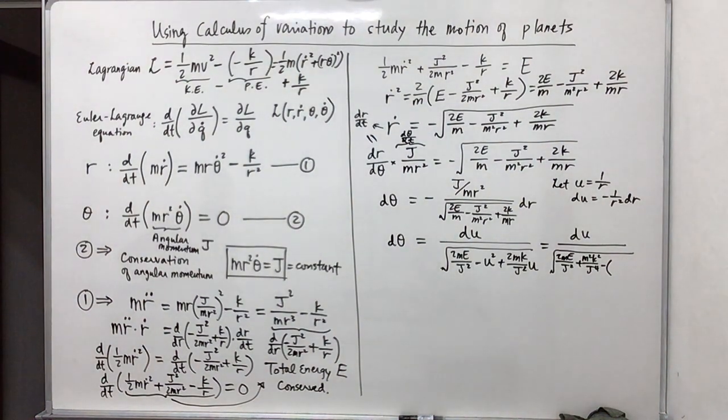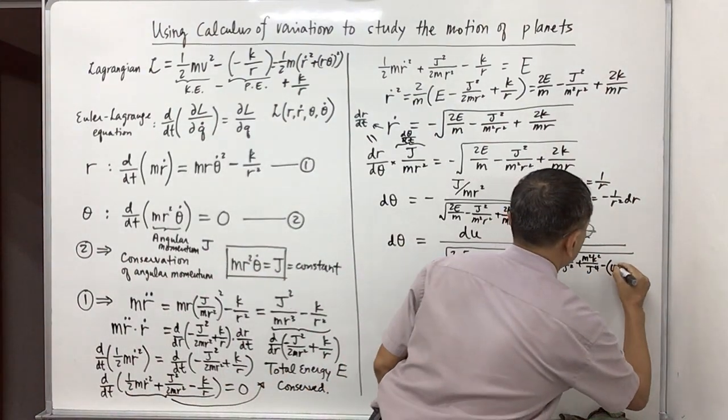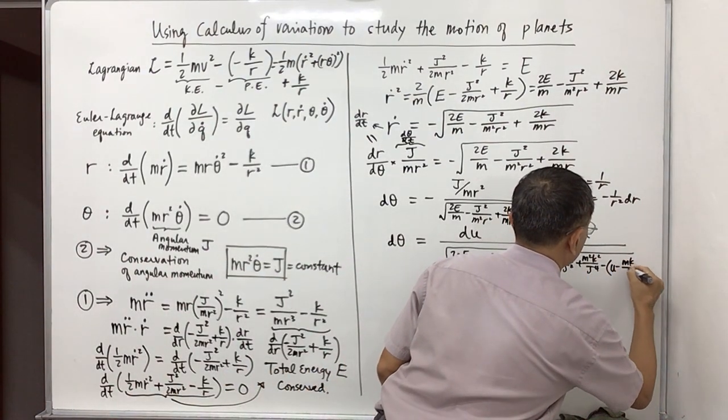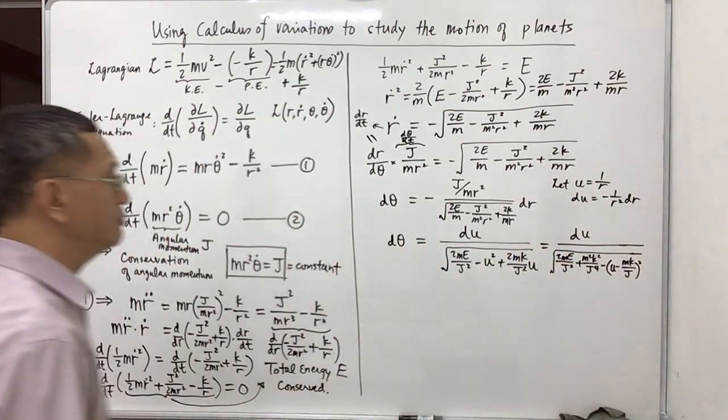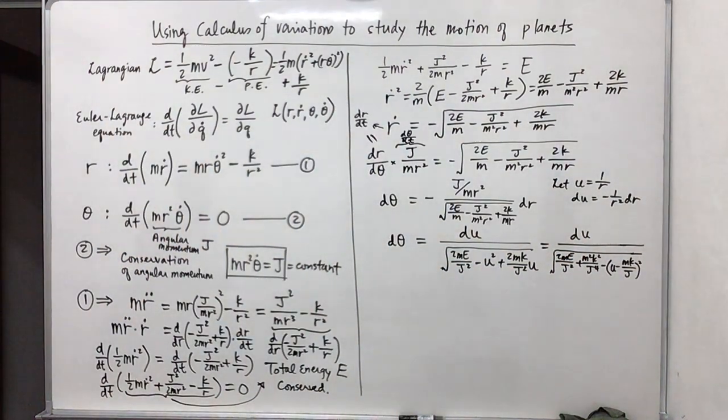So when I do the completing the square, I should get u minus mk over j, the whole thing squared. Now it may look cumbersome, but again, the effort will be worth it. At the end, you will start to see how the energy will be related to the motion.